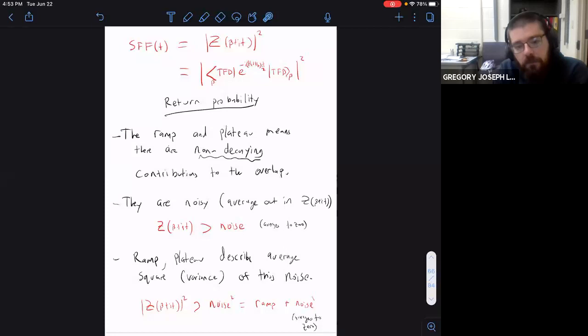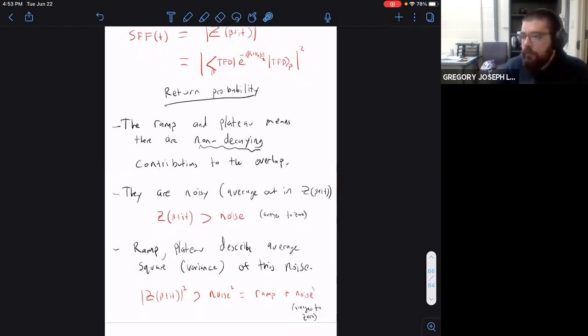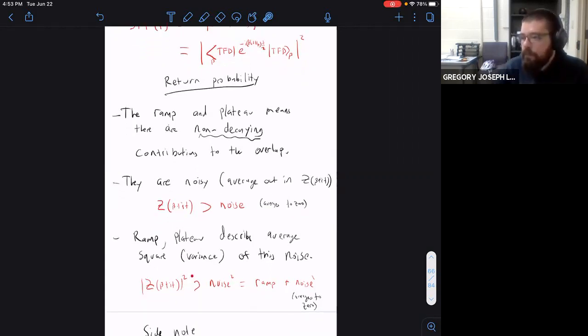Furthermore, we expect that the answer for a fixed system is a noisy function, where maybe you average out to get the average ramp and plateau. So here, z of beta plus it, we expect to be a noisy function, and the noise should average to 0. But the spectral form factor is the square of this noise.